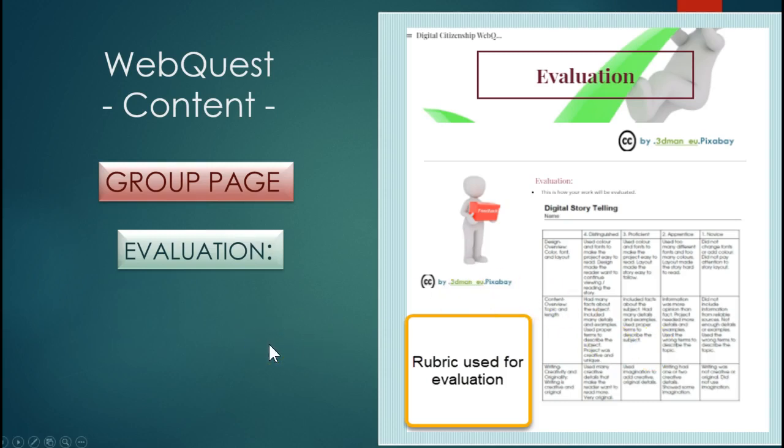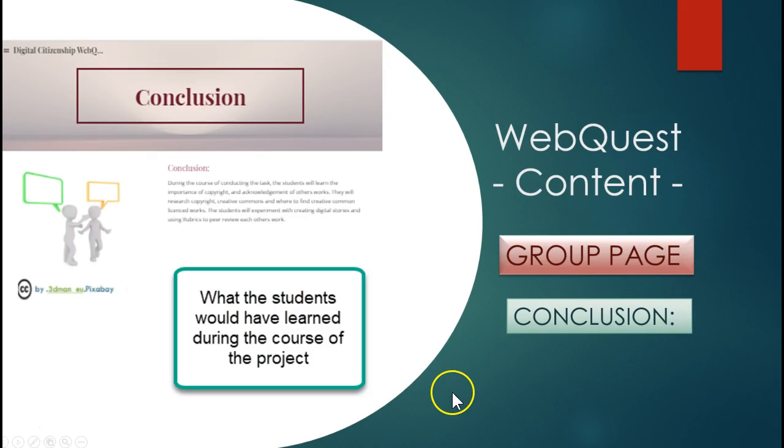Moving on, evaluation. On this page you will provide the students with a rubric which you as a group will create, showing them what they need to address when they create their end products.